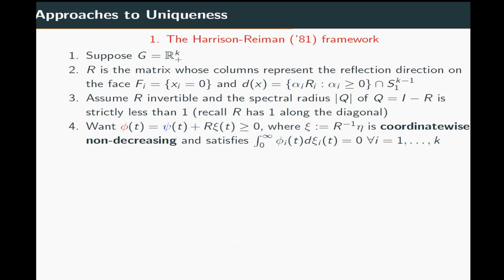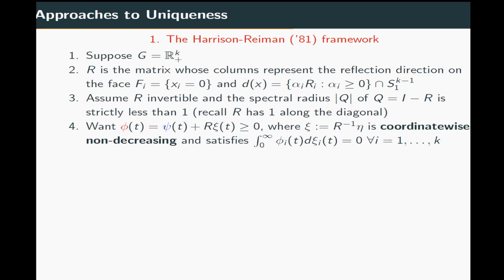Okay, so let's go to the simple framework of Harrison and Reiman. You just look at the quadrant or orthant in general, and you have this reflection matrix. So eta, the pushing direction vector field, is given exactly like in the picture I had drawn, piecewise constant, and on all edges or corners it is just the convex cone, or convex combination, of those corresponding directions of reflection.